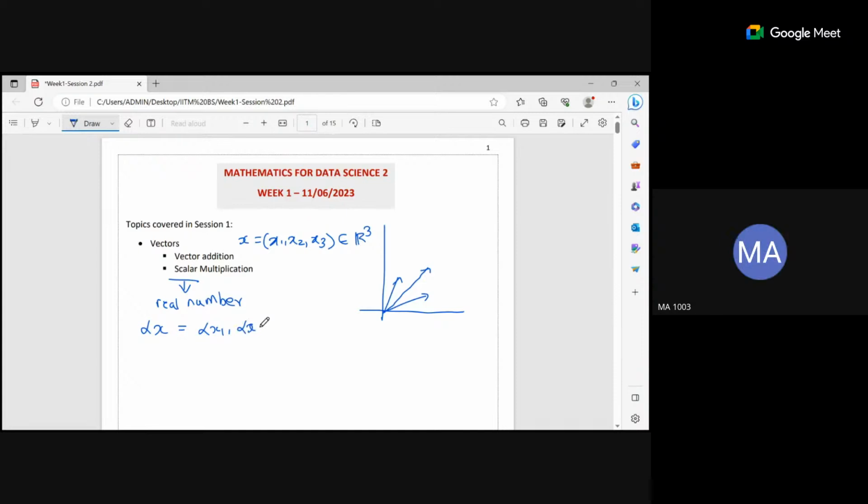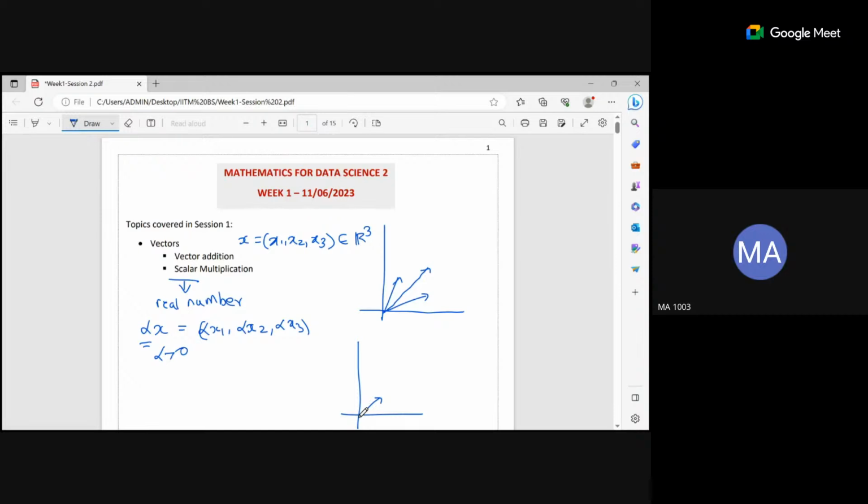In R2, what happens when you do scalar multiplication? Suppose you have a vector like this, and you are doing a scalar multiplication. If this alpha is a positive value, then this vector is just extended.